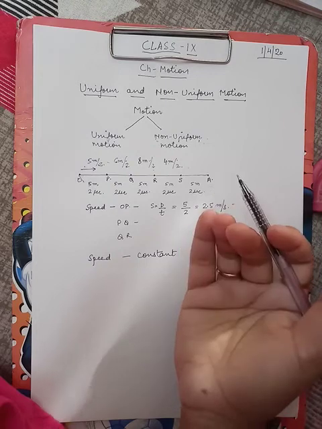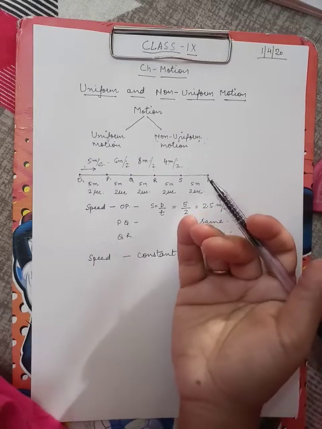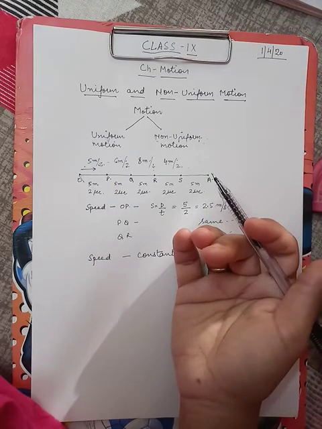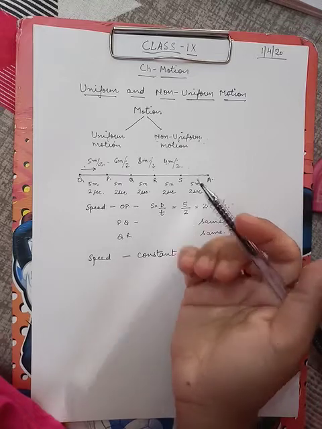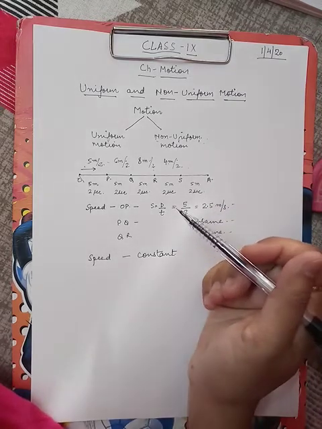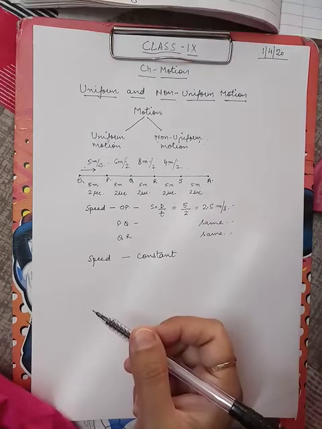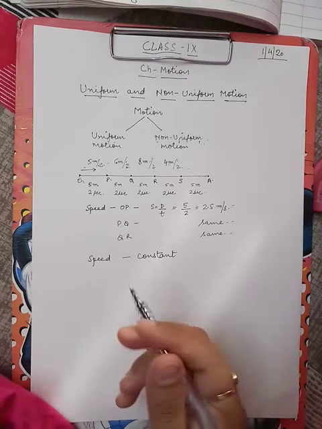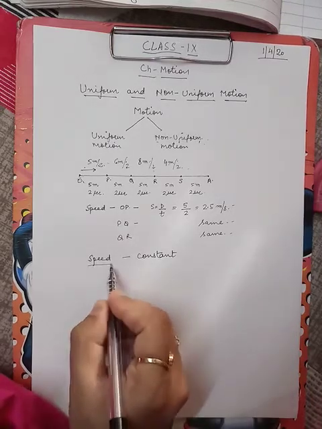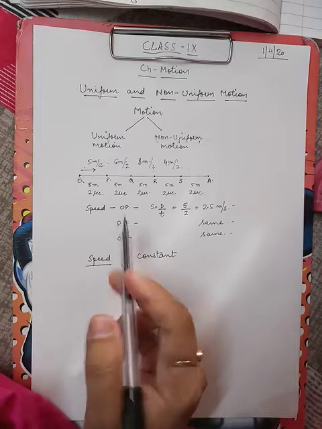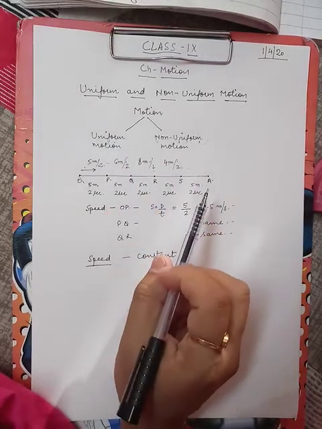So in that case, we can say the car is moving in uniform motion, right? So we talked about speed over here in the case of uniform and non-uniform motion, right?